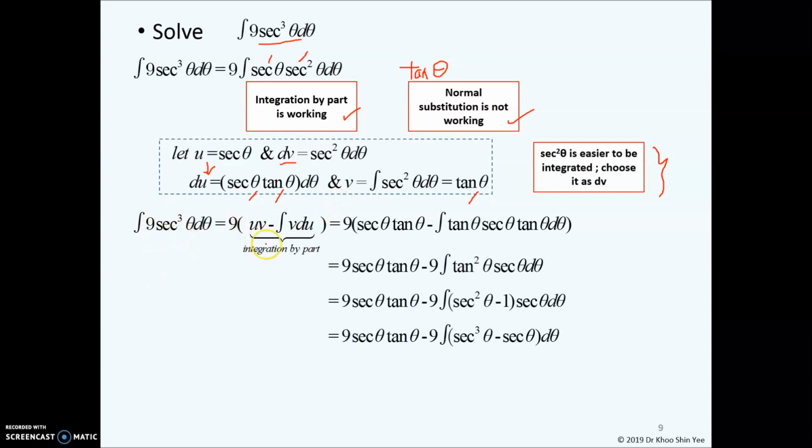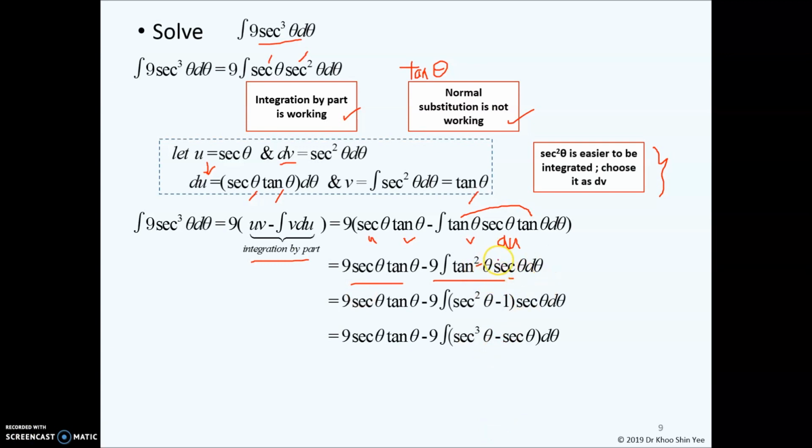You know that integration by parts is uv minus integral of v du, for the integral of secant to the power 3 angle d angle. So we can substitute the uv minus v du inside. So 9 multiplied with secant tangent, minus 9 multiplied with the integral term here. We can see tangent and tangent here become tangent squared, and secant remains.